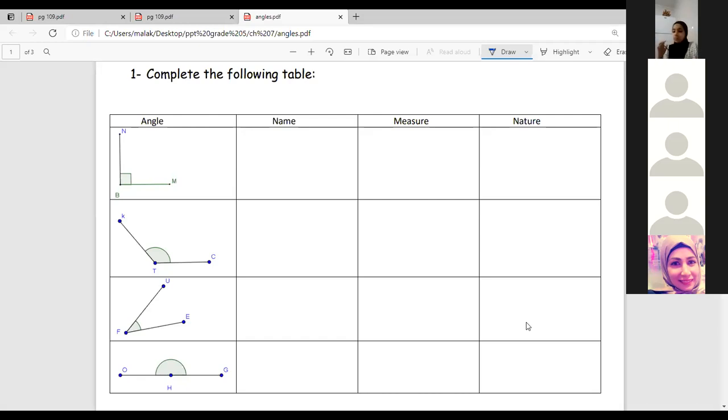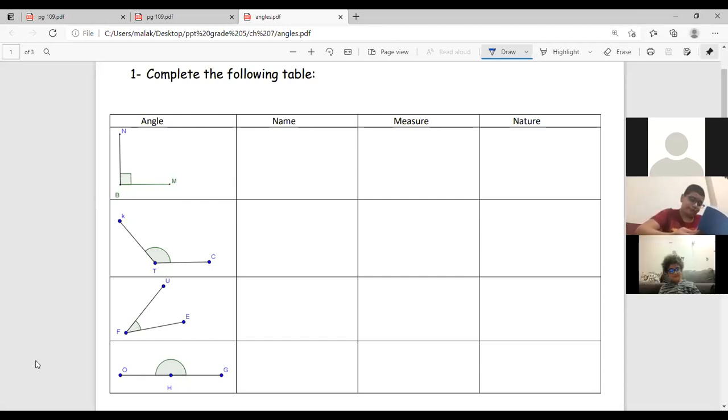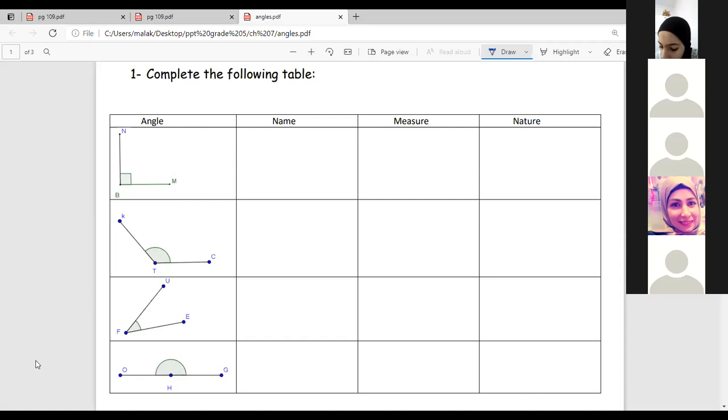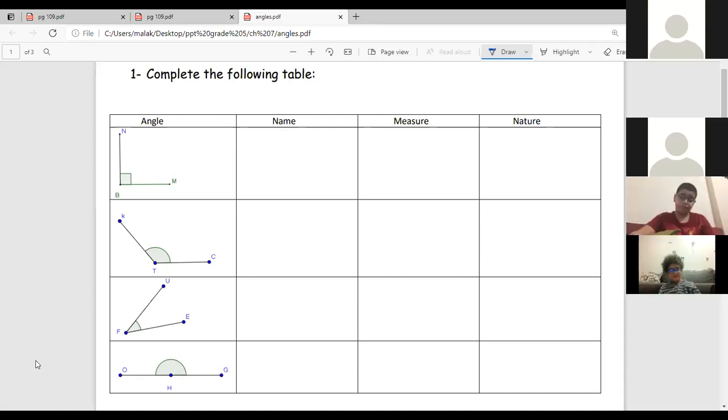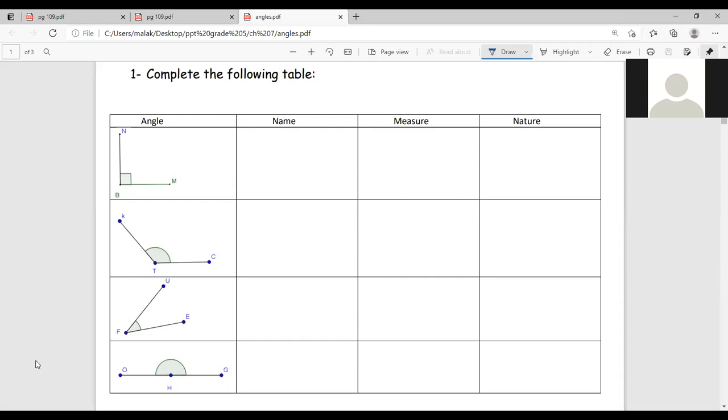Zahra, I sent it on the educational files in order to copy it. If you don't have the sheet, it means you didn't do the homework, because the homework was on the extra sheet. You have to print it, yes, because now we will work on the extra sheet.